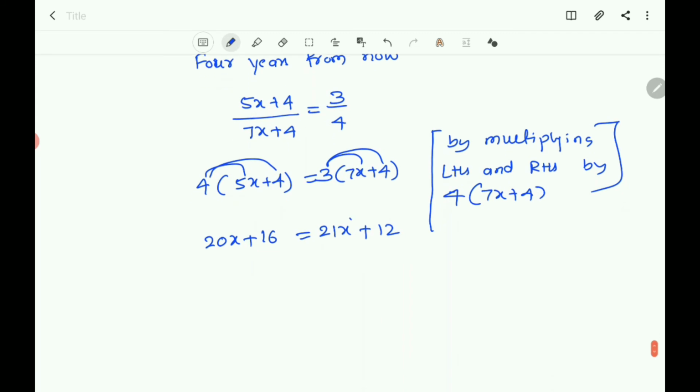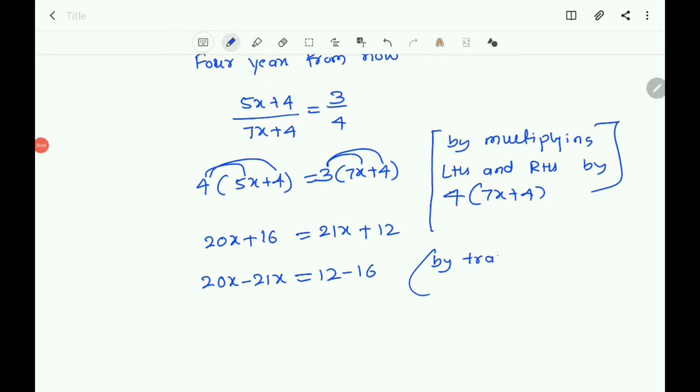Then here you transfer 21x to the LHS and 16 to the RHS. So it becomes 20x - 21x = 12 - 16. So what you have done here?